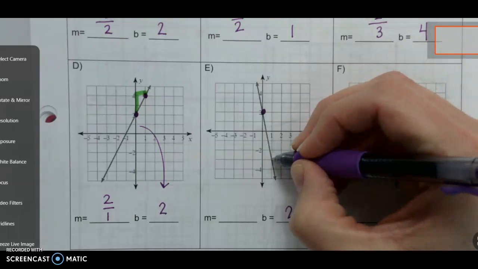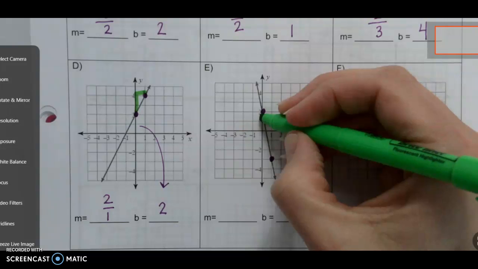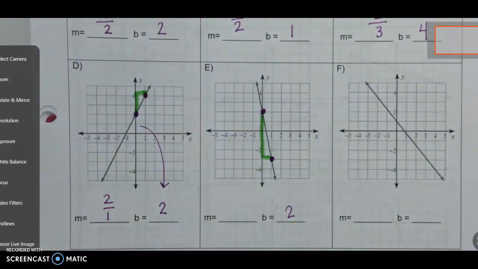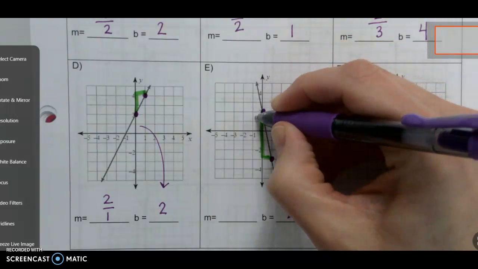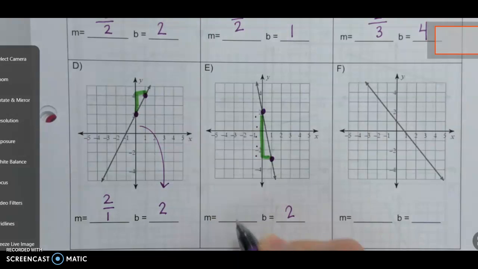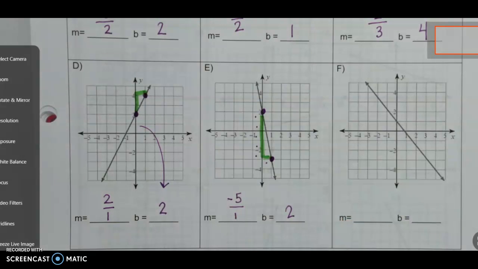I'll go with that dot right there. Okay. And then we've got to count from dot to dot to get my slope. So I'm going to count down and over. Down's going to be negative. 1, 2, 3, 4, 5. Down 5 over 1.